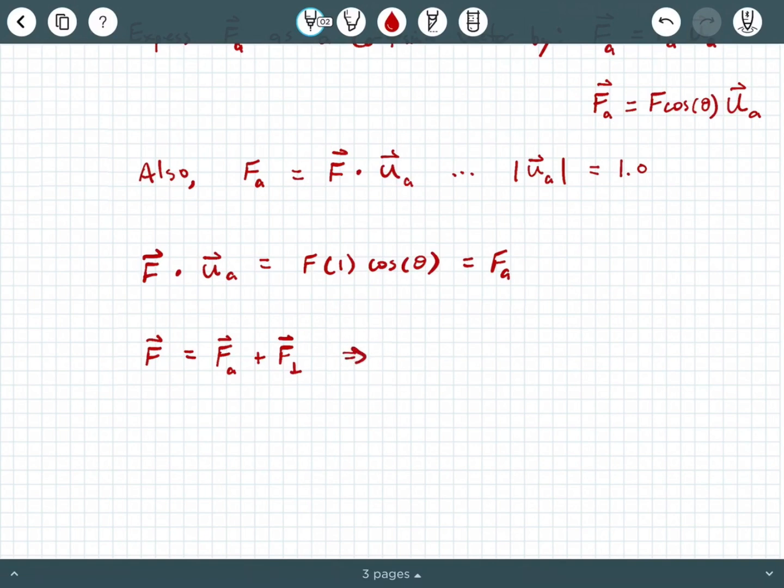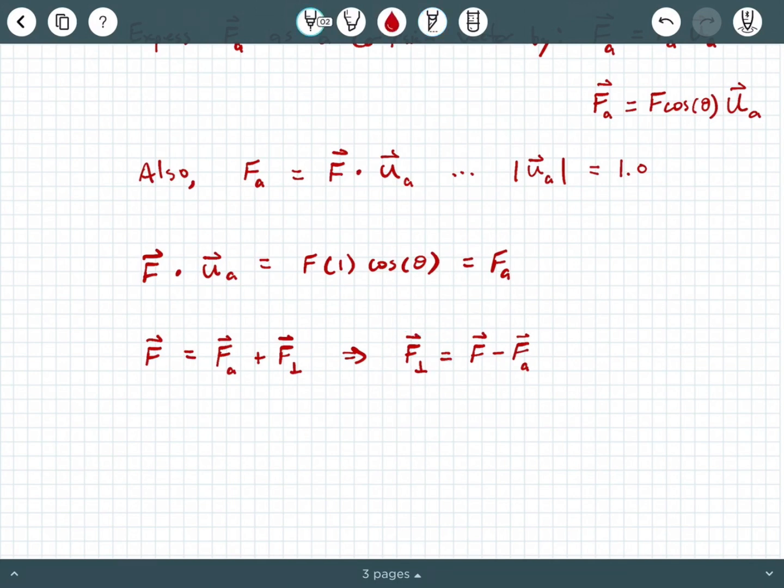Then with a little bit of rearranging, the perpendicular component, which we may also be interested in statics, is equal to vector F minus vector F sub A. So here's how we piece together and get that perpendicular force component.